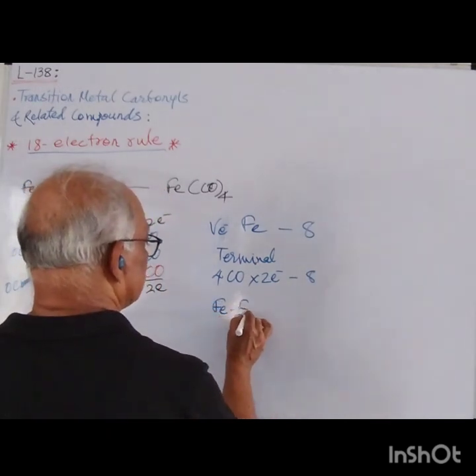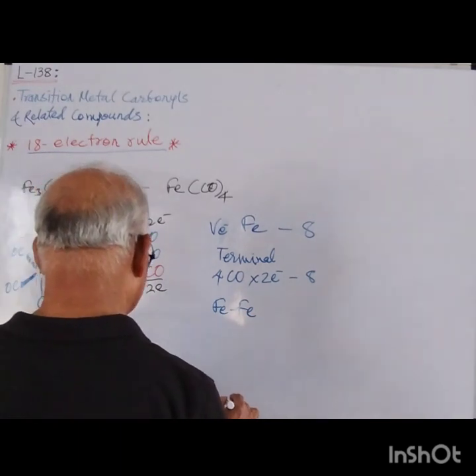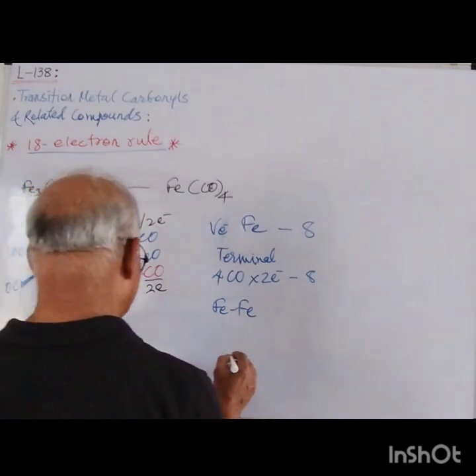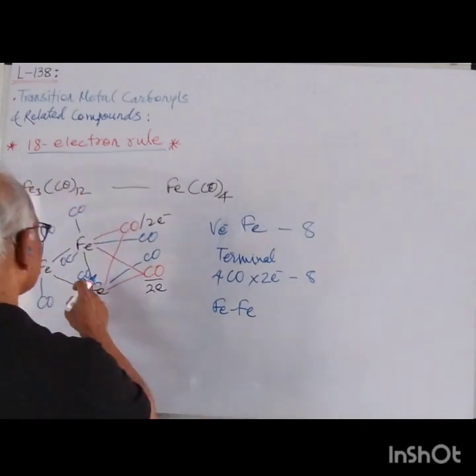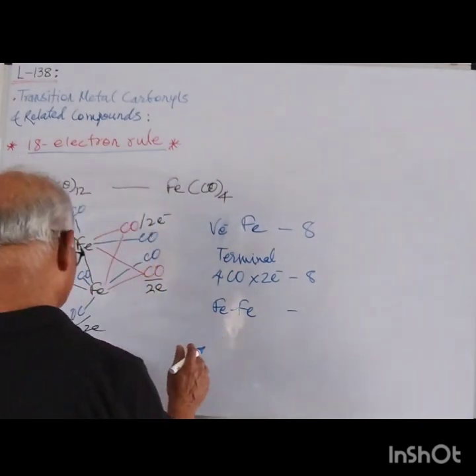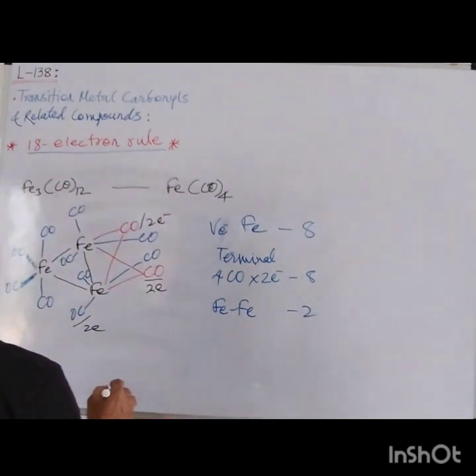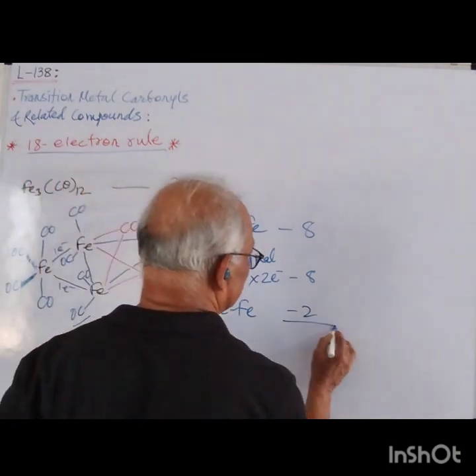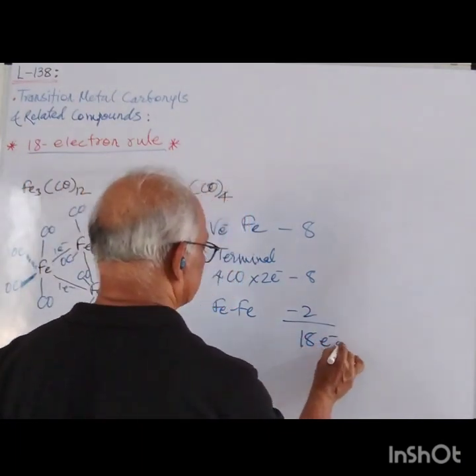Then Fe-Fe bond is there. There are 3 such Fe-Fe bonds. So each Fe-Fe bond will contribute 2 electrons. Say this Fe and this Fe, this will contribute 1 electron, and this will contribute 1 electron. So in this way, these two are also contributing 1 electron. So we have taken here 2 electrons in this. And now this total will give us 18 electrons.